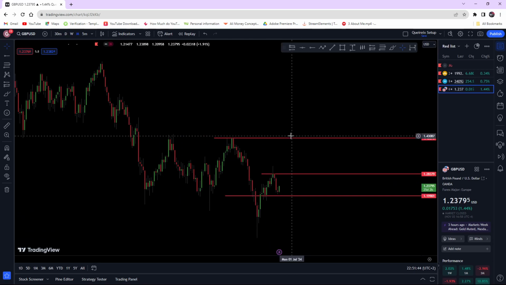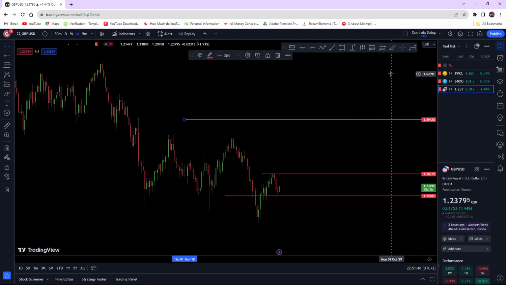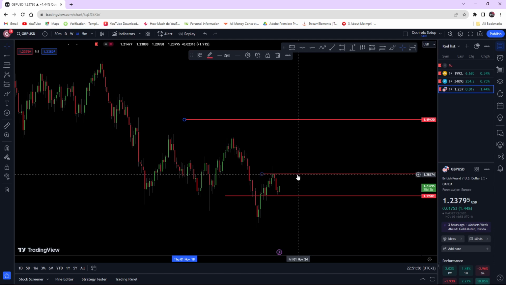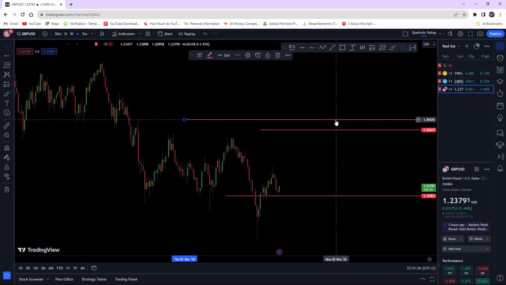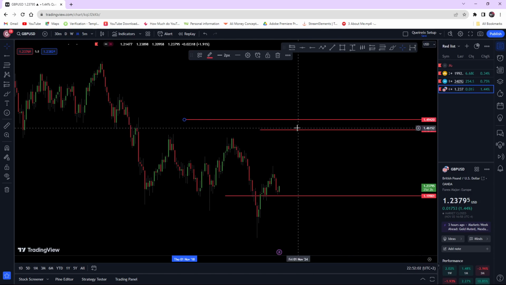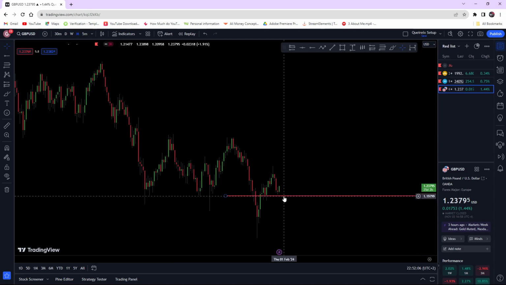But the way we trade, we're not worried about all of this. That's too far off. This is also a bit far off. So we are looking at the recent prices, which is last month. We're going to look at the high and the low of our previous month, and work from that angle.